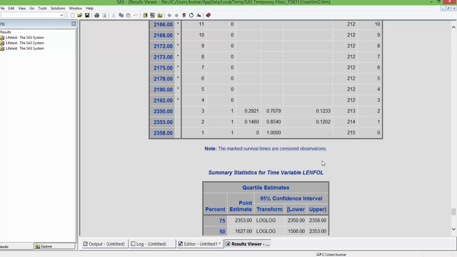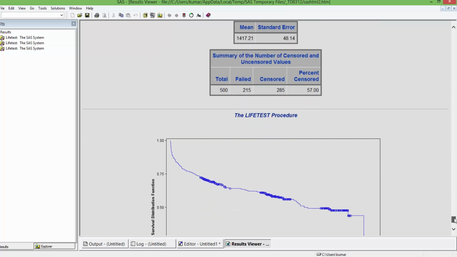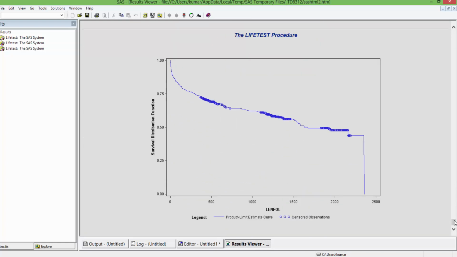Till that time point, we will be observing what is happening to these patients, how many people are at risk, and what the survival probability is. The survival probability, as you know, is an unconditional probability. That means it's not conditioned on how many people have died previous to that. So it's completely independent of that.